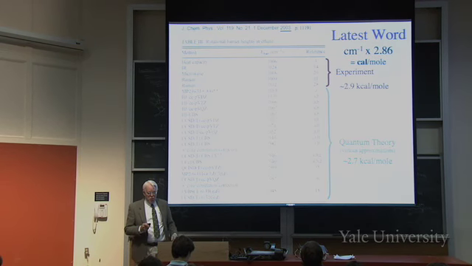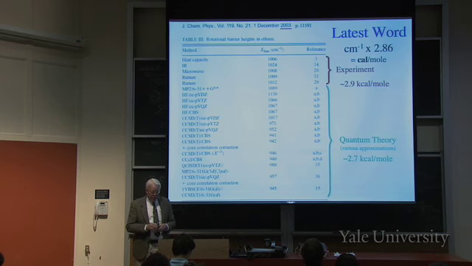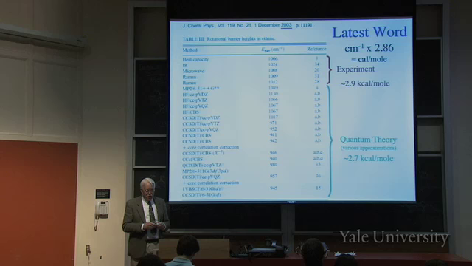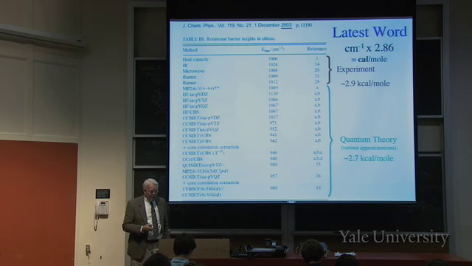A wave number is 2.86 small calories, not kilocalories, per mole. So there's heat capacity, from infrared spectroscopy, from microwave, from Raman spectroscopy. All these experiments give very close to 2.9 kilocalories per mole, or about 1,000 wave numbers, right, within a couple percent. Even less than that, probably.